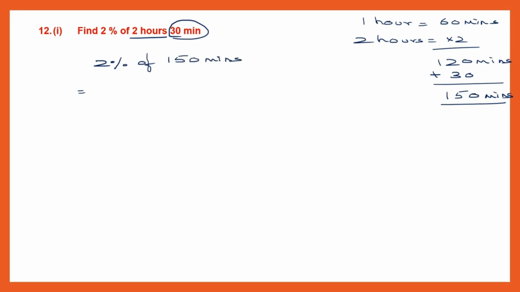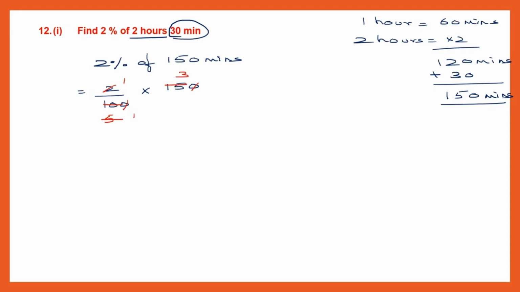So 2% means 2 by 100 multiplied by 150. Now cancel the zeros. Cancel 1 zero here, 1 zero here. I can cancel 2 and 10: 2 ones are 2, 2 fives are 10. I can cancel 5 and 15: 5 ones are 5, 5 threes are 15.